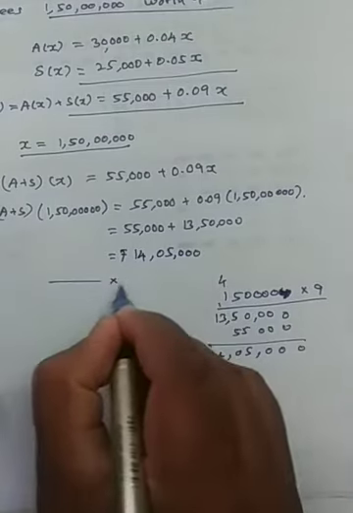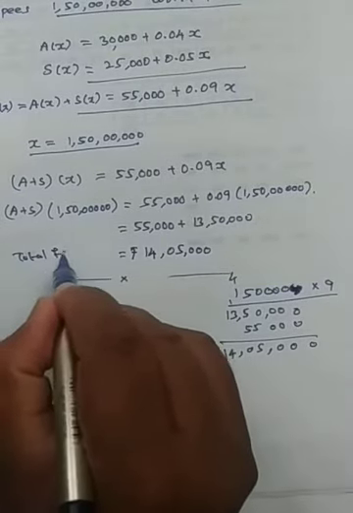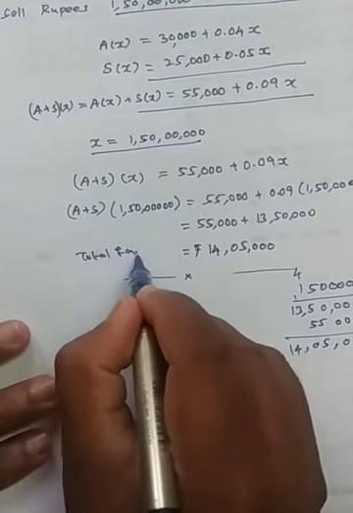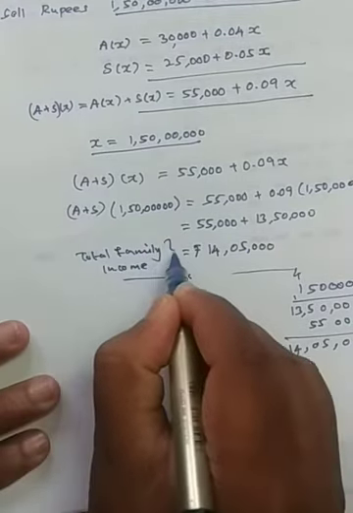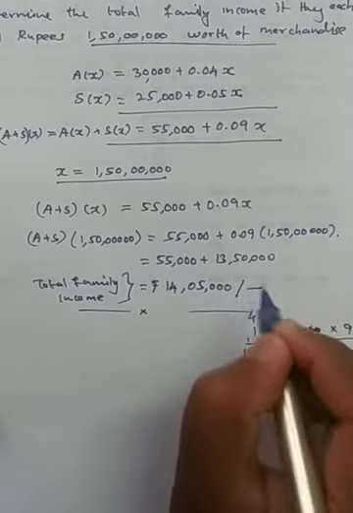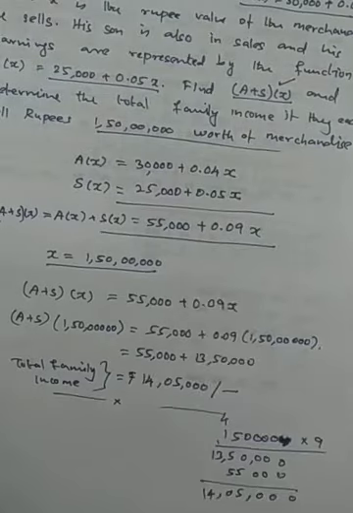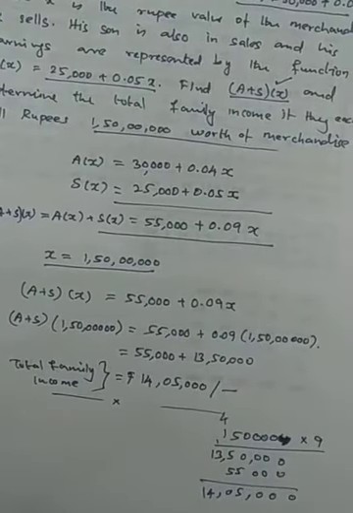The total family income is 14 lakhs 5,000 rupees. So in this way we need to calculate. The problem is so simple. Only thing is we need to write the functions and the respective parts.